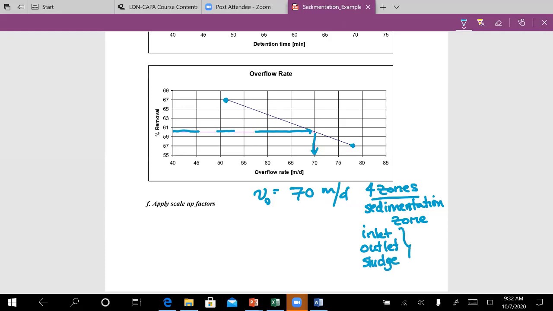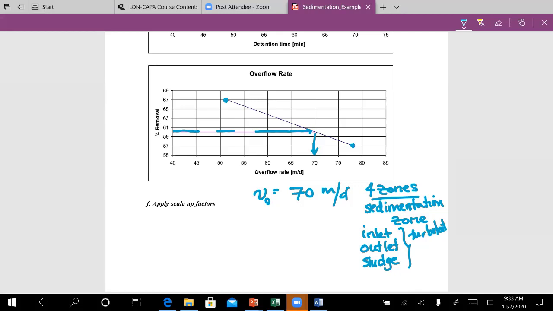And if you remember, we have the potential for turbulent flow in these regions. In the inlet zone, we've got flow; in the outlet zone, we have flow over the weirs; and in the sludge zone, we have, and I'll show you later in just a bit, the scraping mechanism. So that can create turbulence.